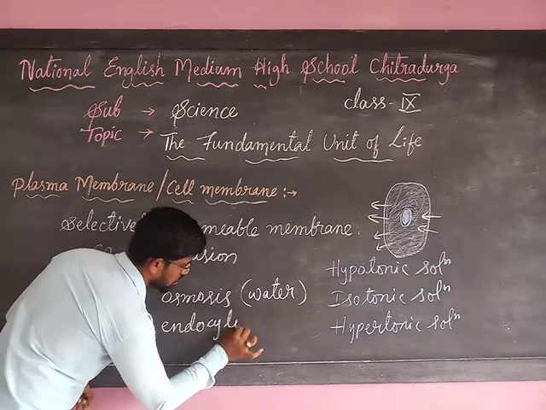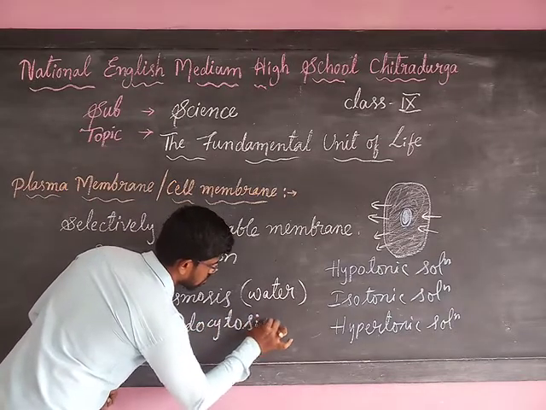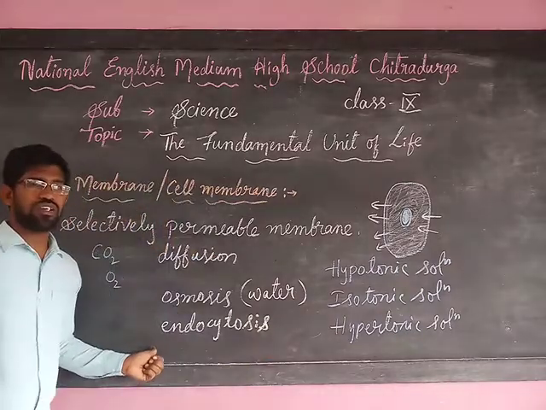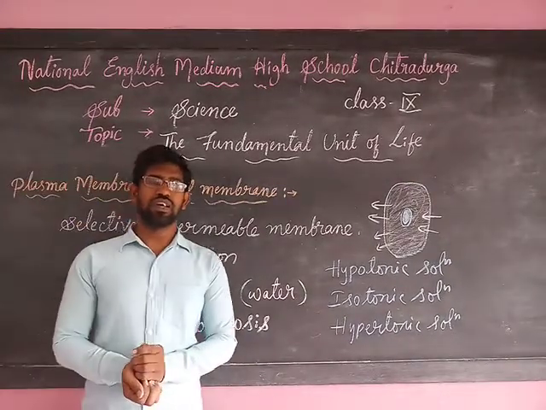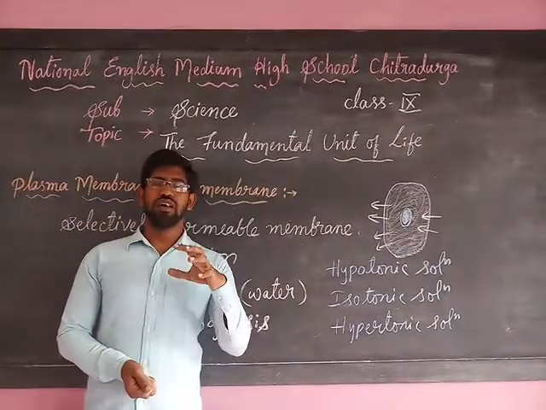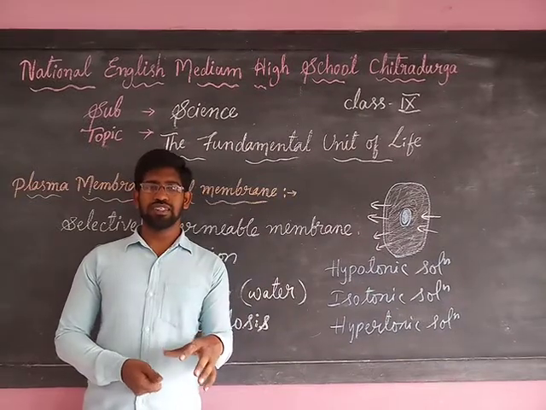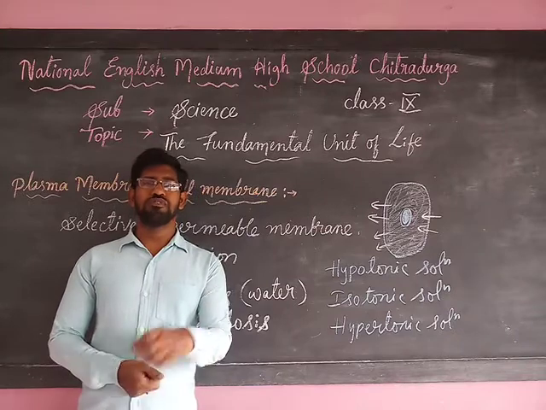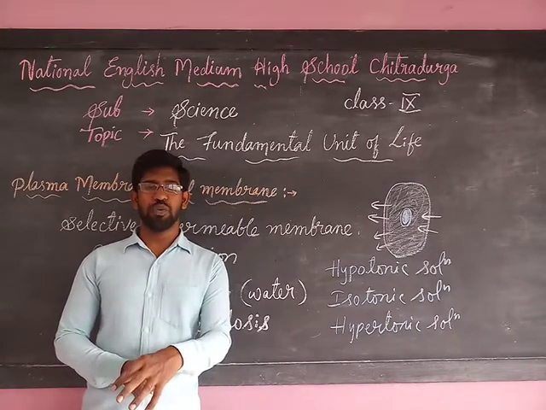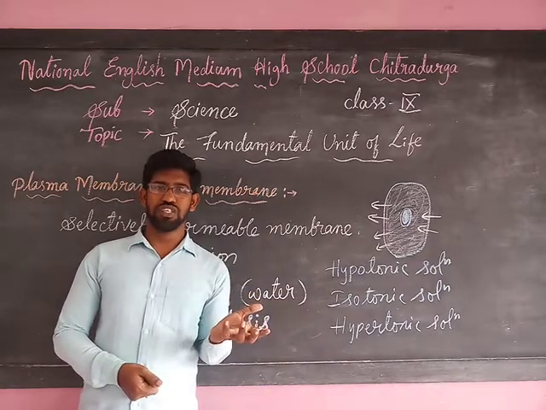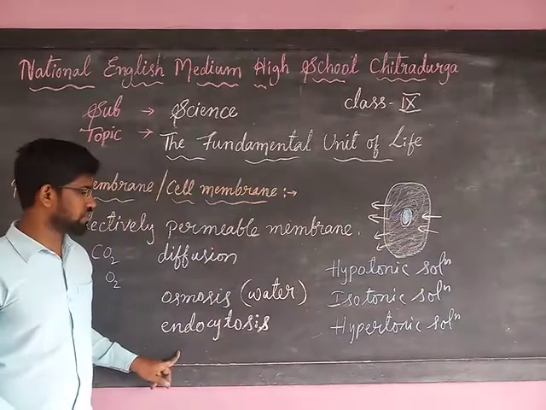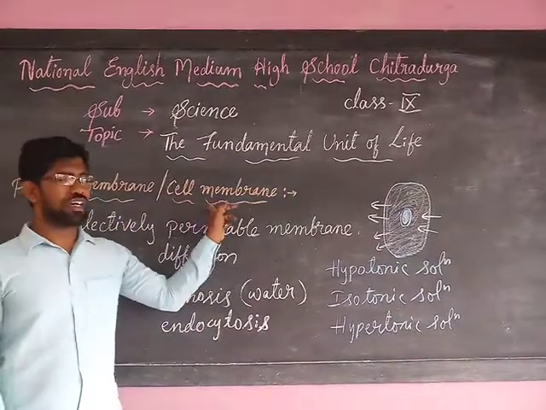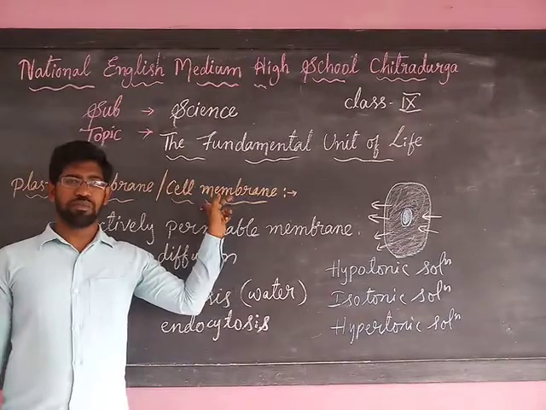Endocytosis. Got it? So endocytosis is a process where unicellular organisms or other microorganisms absorb the food material from outside the body to inside. Understand? So this is also with the help of the plasma membrane or the cell membrane.